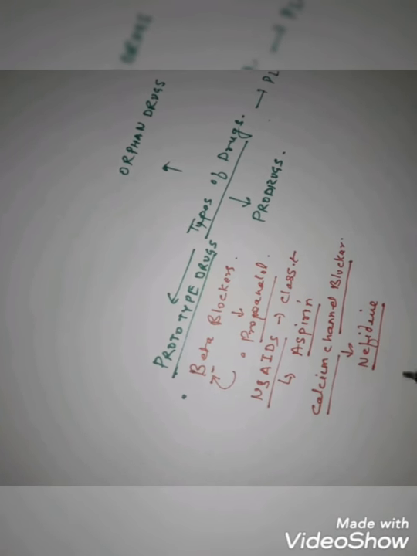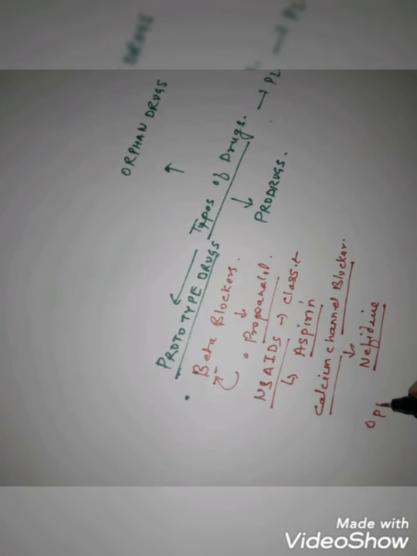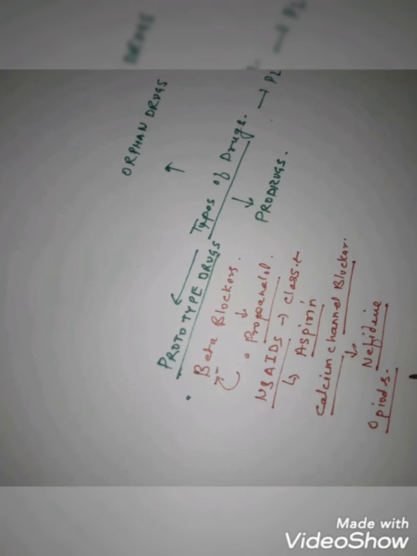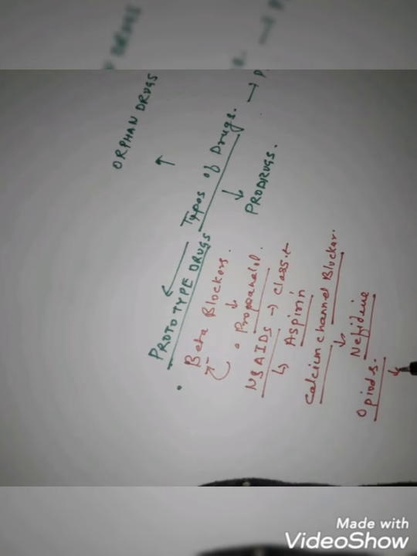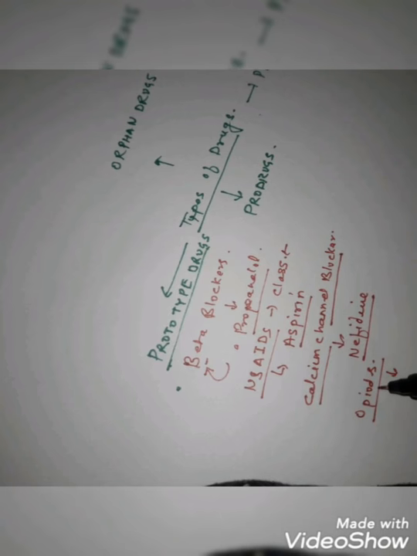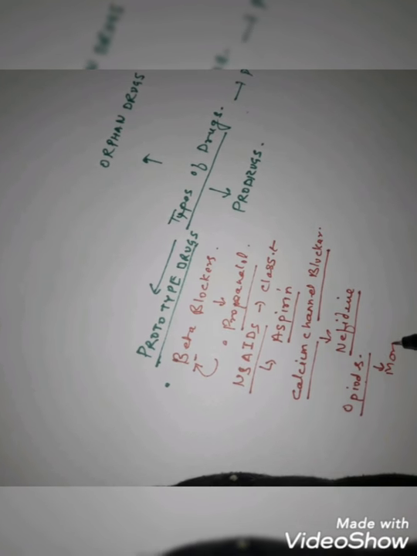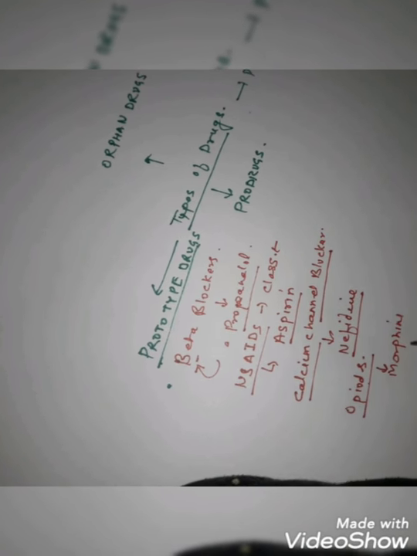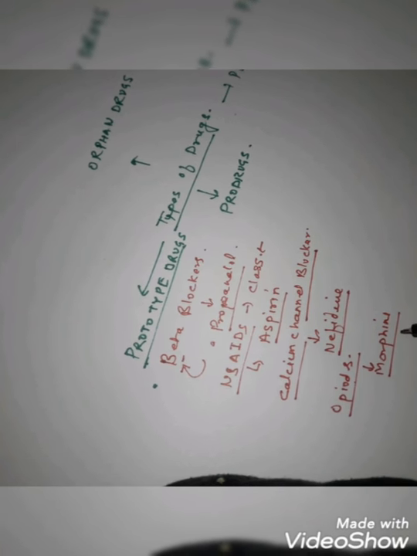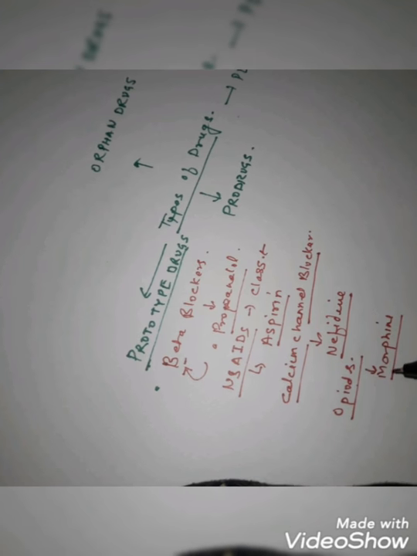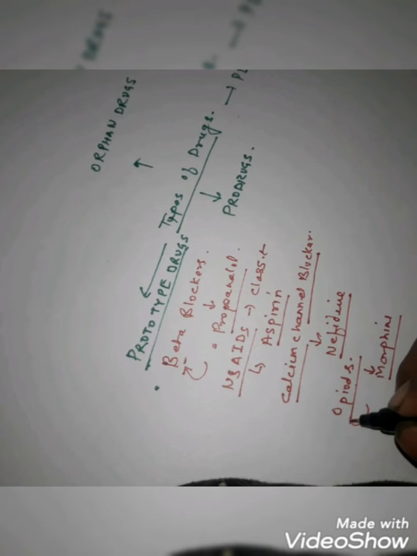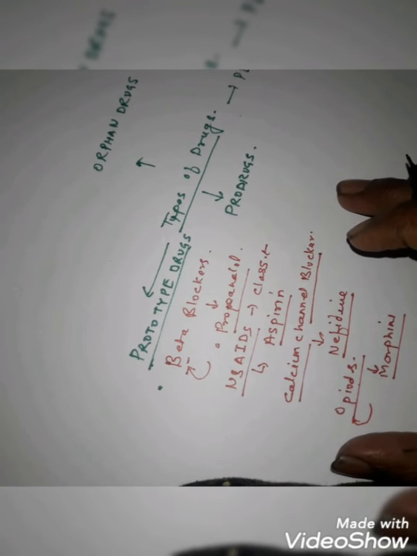Likewise, opioids are a class of drugs, meaning several drugs come under this category, but the best example is morphine, which shows analgesic properties. It is the best drug representing the opioid class. So these are the prototype drugs.